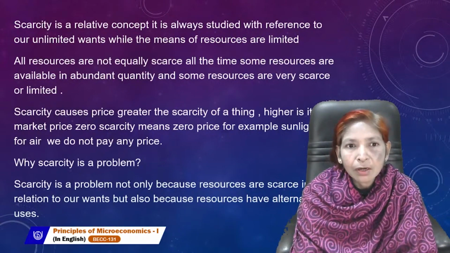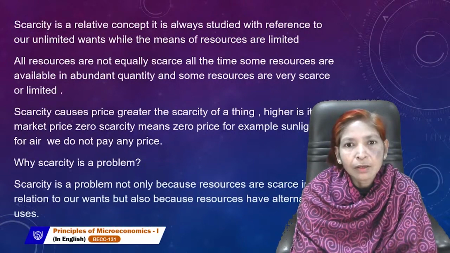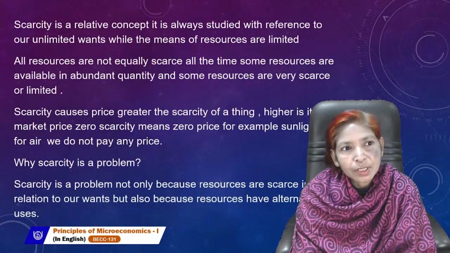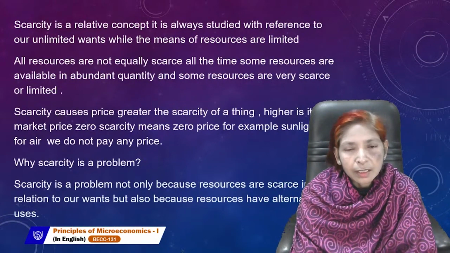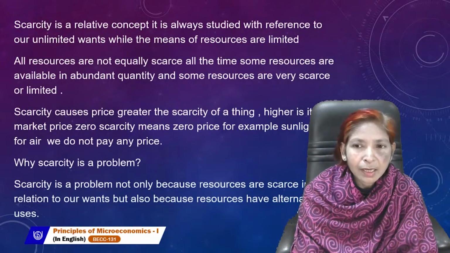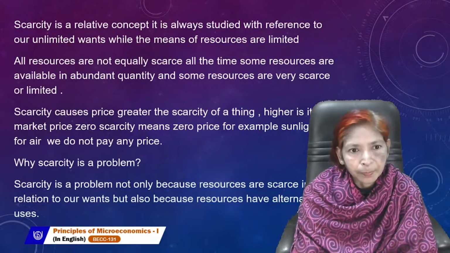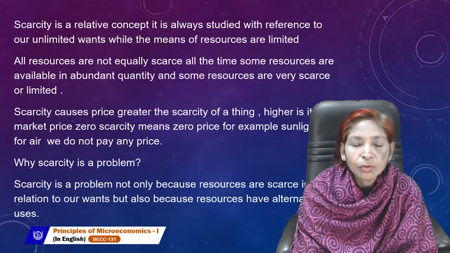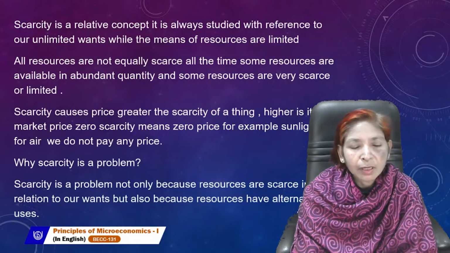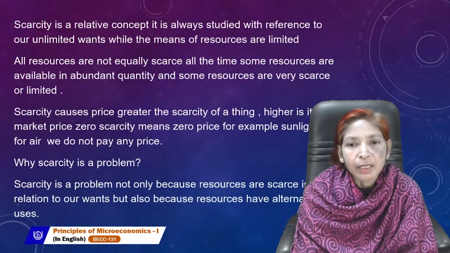All resources are not equally scarce all the time. Some resources are available in abundant quantity, meaning too much, in large quantity, and some resources are very scarce or limited. Scarcity causes price. As you know, everything in our country or in our world is available at a particular price.